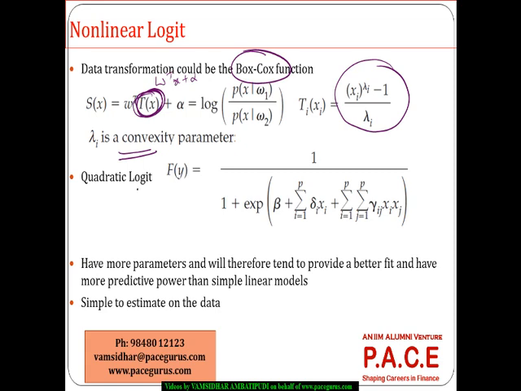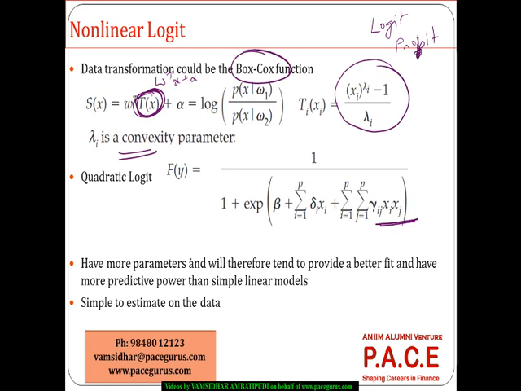Similarly, I can have a quadratic logic wherein instead of just taking x, I'm also focusing on x1, x2 kinds of terms. So we can have different mechanisms, but at the end of the day, either it's a logit or a probit model, it need not consider only linear transformations. Non-linear quadratic can very well be used.